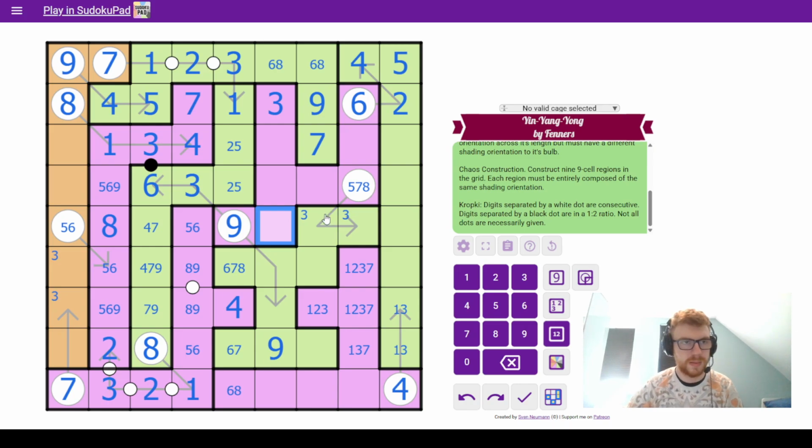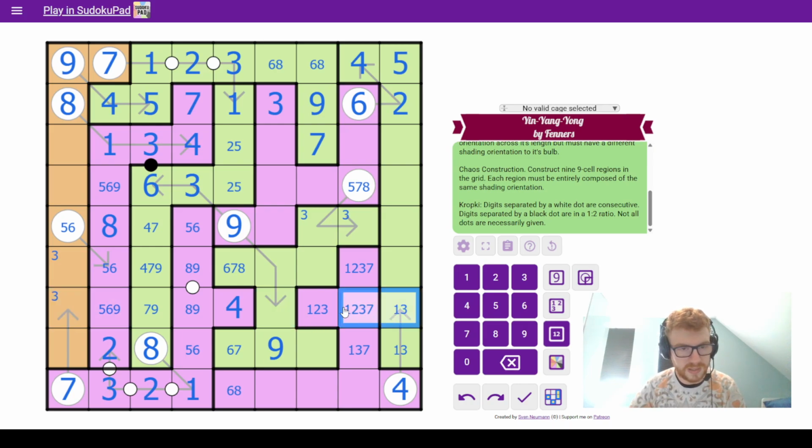So what are we looking at? What is happening? What's going on? 1, 2, 3, and 7. 5. If 5 cannot go there, we have something. Because then either of those has to be 5, and then this cannot be both 5.